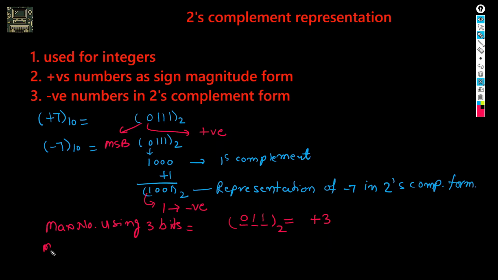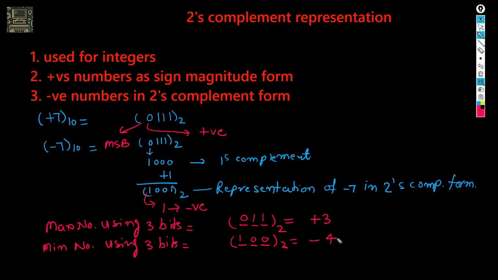And what is the minimum number that can be represented using 3 bits? We know that we have only 3 bits. So these 2 bits can have minimum value 0 and this one will indicate the sign of the number. So what is the value of the number here? This is 1, 2, and this is 4.